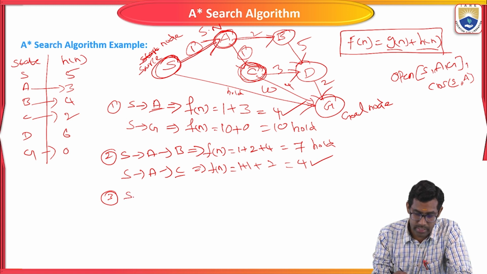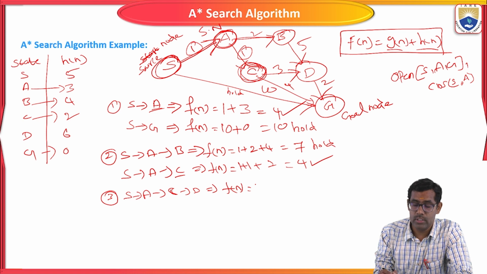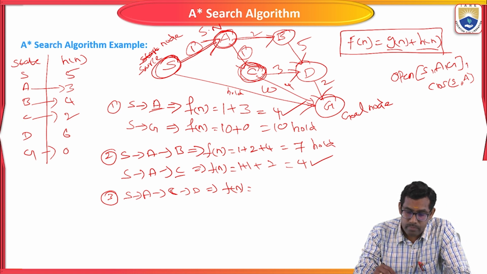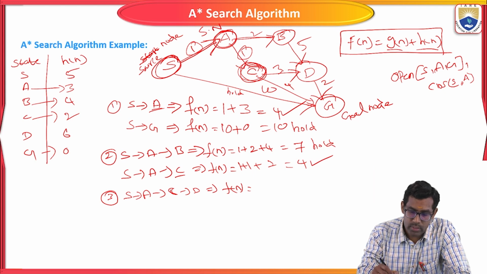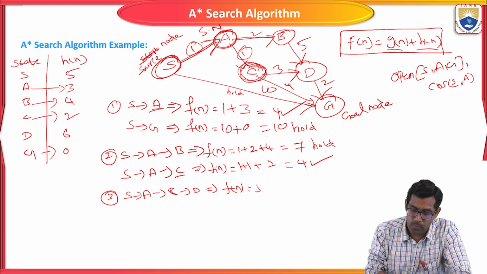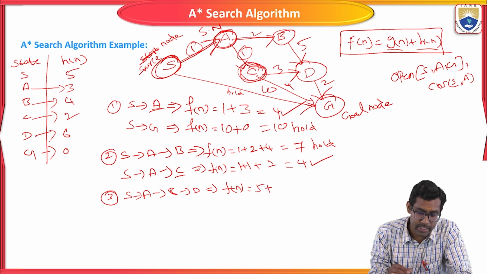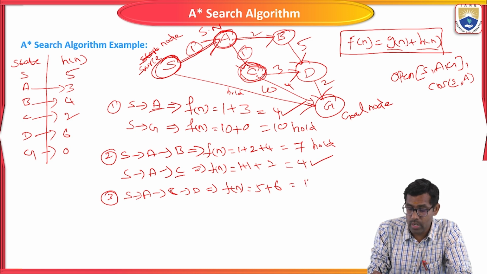Now we are going to consider S to A, then A to C, then C to D. Then we calculate the function: 1 plus 1 is 2, 2 plus 3 is 5, 5 plus the heuristic function of D, which is 6, equals 11.